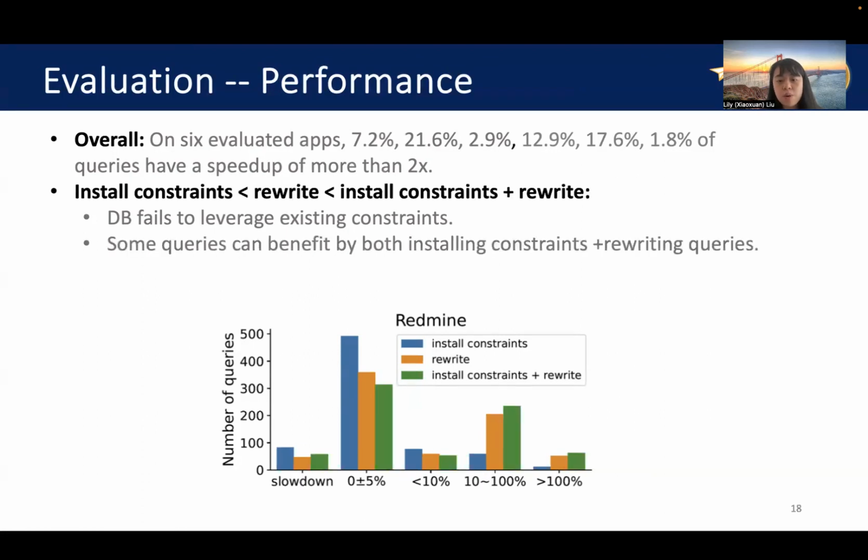Lastly, we install both constraints and perform query rewrites, and we find that we achieve the best performance. Some queries can benefit from both installing constraints and rewriting the queries. One last thing is that we find there are some slowdowns in the picture. This is because the optimizer fails to predict the cost correctly.